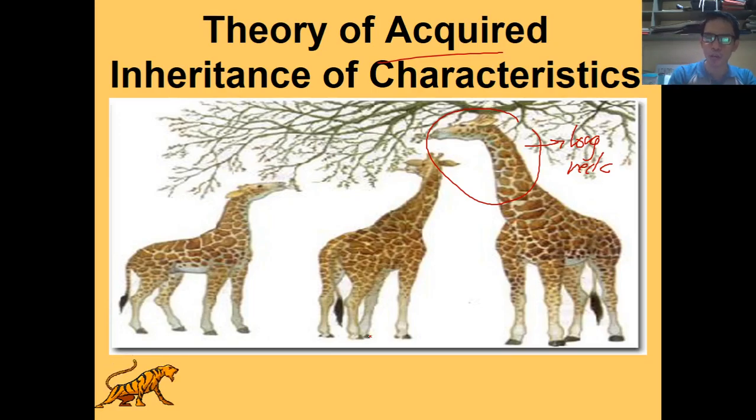That is why the gazelle always uses its legs to run away from its enemy. Every time the gazelle uses its legs, they get improved over time. Then if the gazelle has offspring, the next generation of gazelles will have improved leg muscles, so that they can run faster than their ancestors.